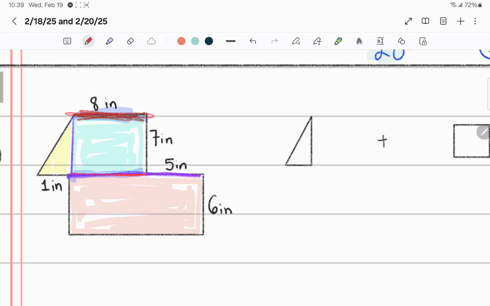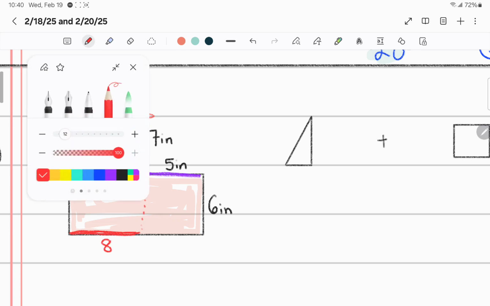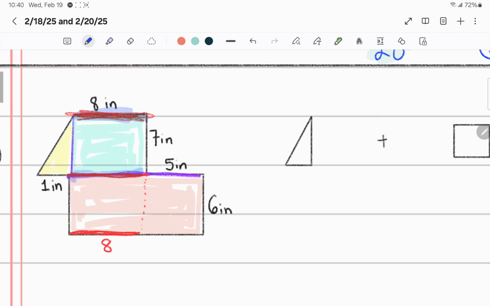If I bring that down, that's up to here. So technically this part, I'm kind of just lining it up. This part is 8. I also have the purple piece right next to this. So if I bring that down right here, that's 5.